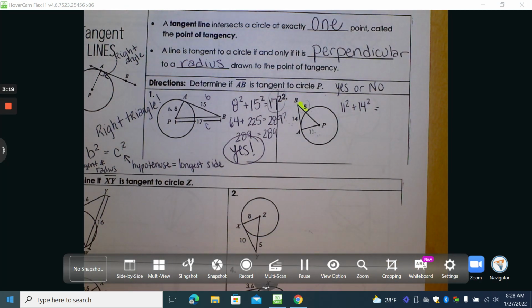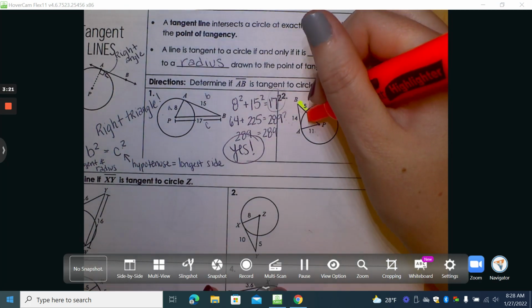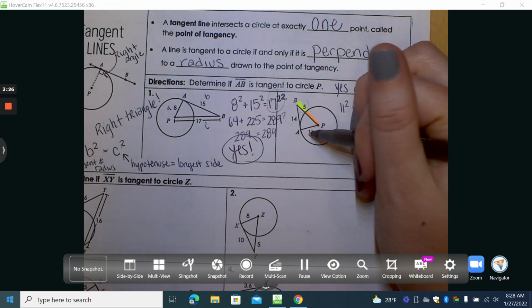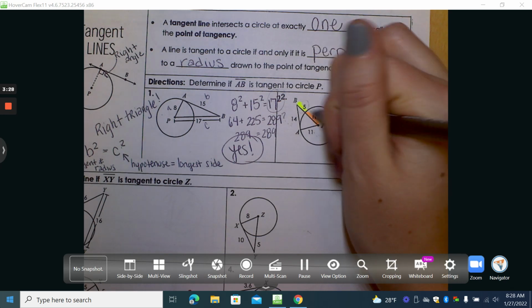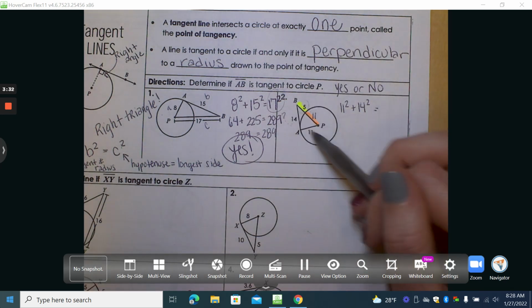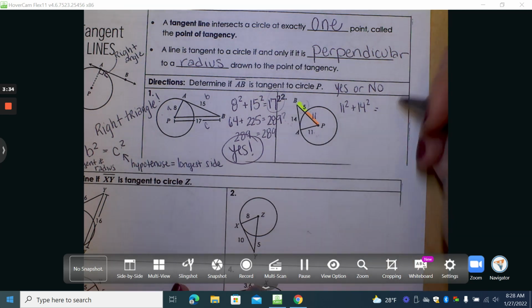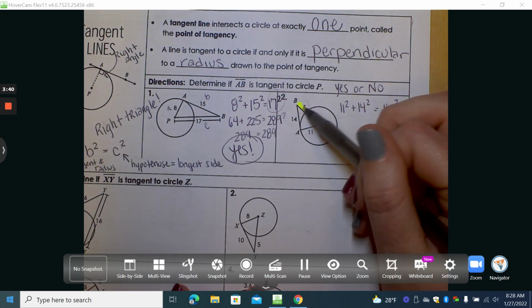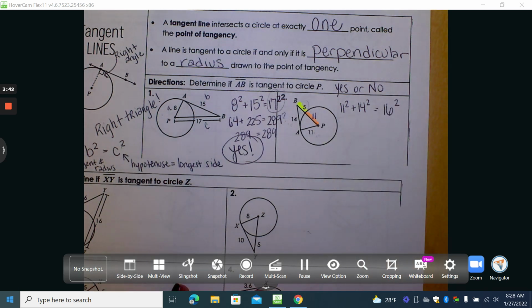But the length inside my circle, that's a radius. So this right here is not 5. It's actually 11 plus 5. So that's a total of 16 as my hypotenuse. So I have 16 squared. So be careful. If 11's here, 11 could also be here. That 5 was just marking the outside.